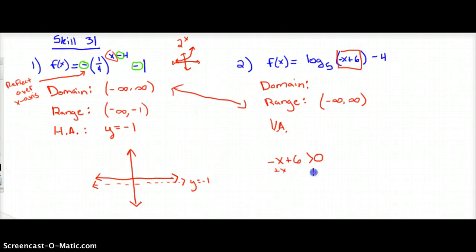I'll add x to both sides. So I'll have 6 is greater than x. And that's going to be my domain written as an inequality. If I want to think about rewriting that domain as interval notation, I'd say, all right, 6 needs to be greater than every single x value. So my domain is going to be from negative infinity to 6.